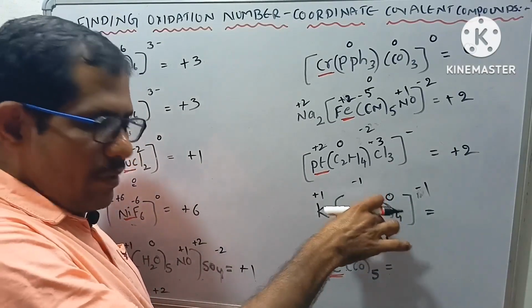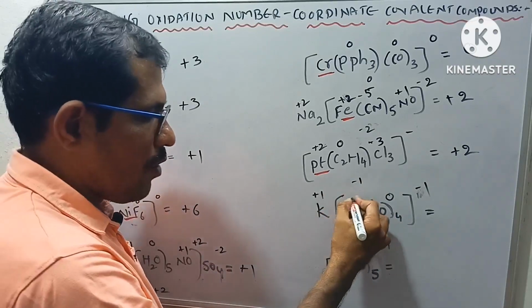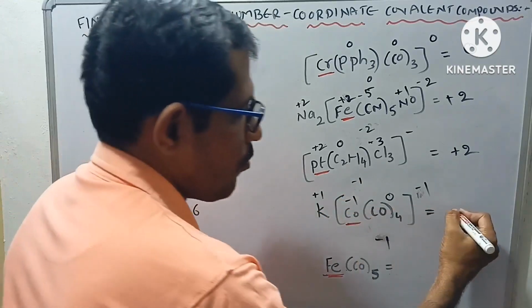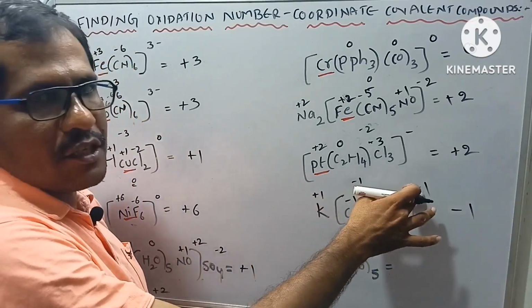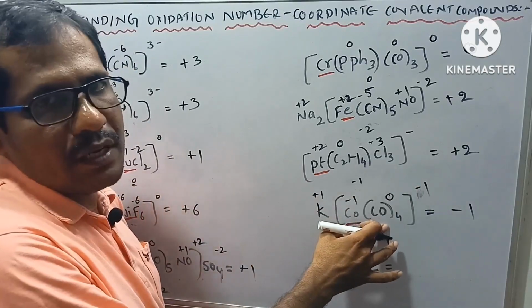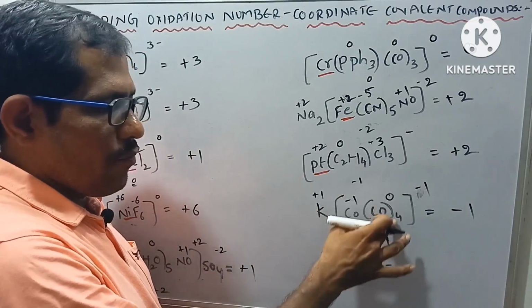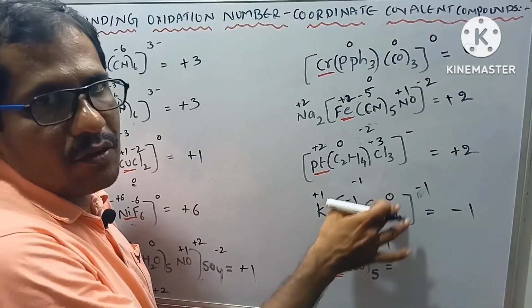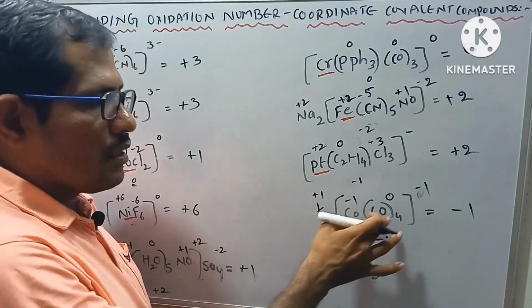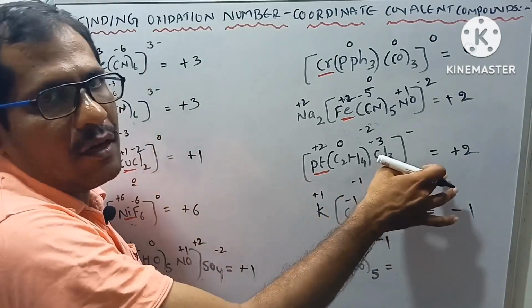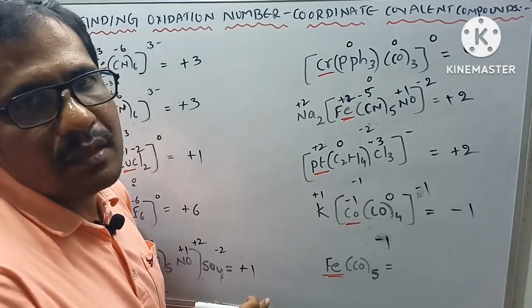So to get minus 1 inside, cobalt will develop a minus 1 charge. I repeat, potassium plus 1, on the coordination sphere it is minus 1, so inside also we should get minus 1. The carbonyl is 0, so cobalt will get minus 1 charge to make it equal inside and upon. So the cobalt oxidation state is minus 1.